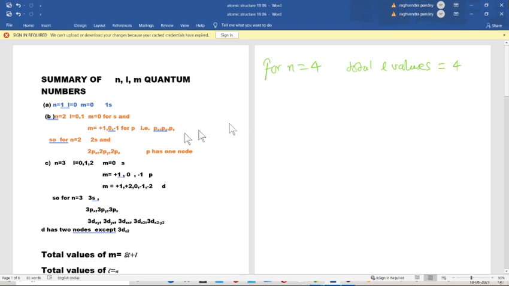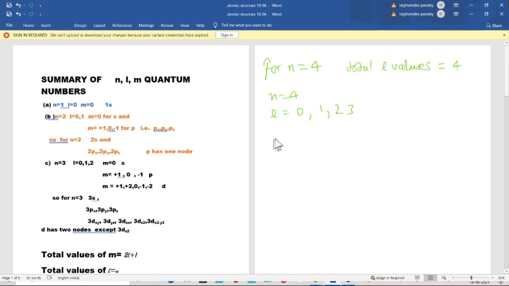Now, values always start from 0. For n equal to 1 there is one value, 0; for 2, 0 and 1; for 3, 0, 1, 2. So for n is equal to 4, L has 0, 1, 2, 3 values.